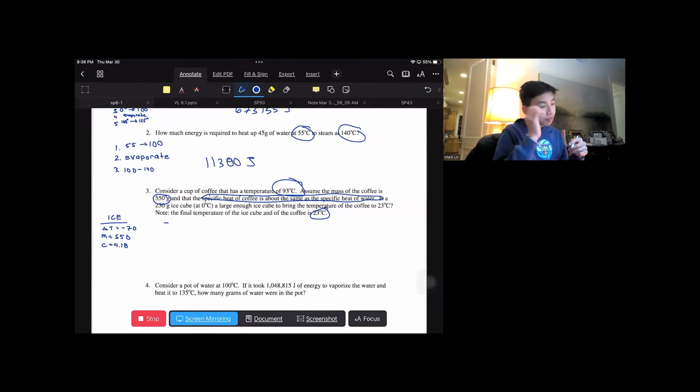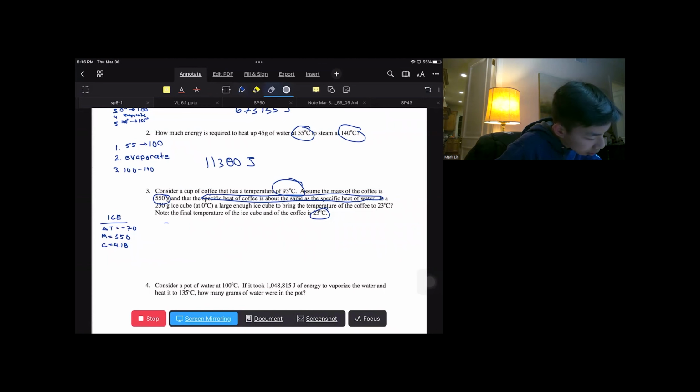Is a 230 gram ice cube at 0 degrees Celsius large enough to bring the temperature of the coffee cup to 23 degrees Celsius? So for the ice cube, oh wait, hold on. I just did this all wrong. This is coffee.